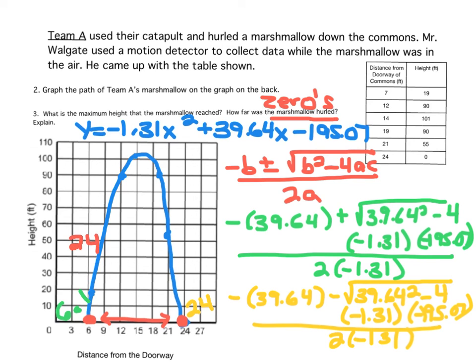So 24 minus our 6.1. So it has been hurled approximately 17.9 feet. So we now have our data for part A. All right, now you're on to B and C.